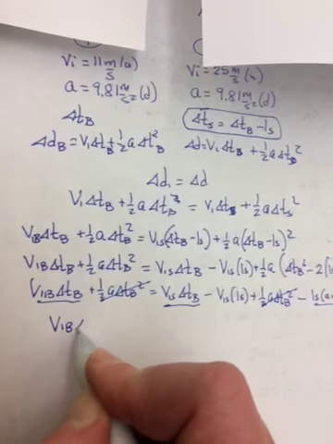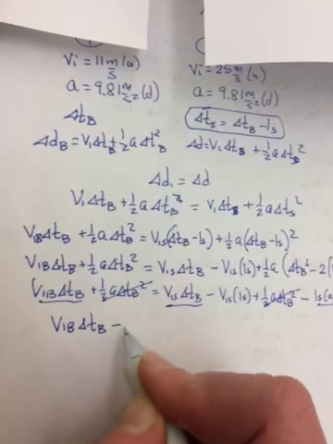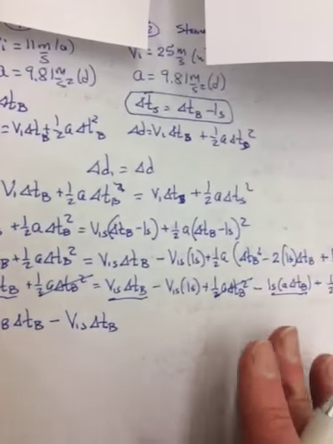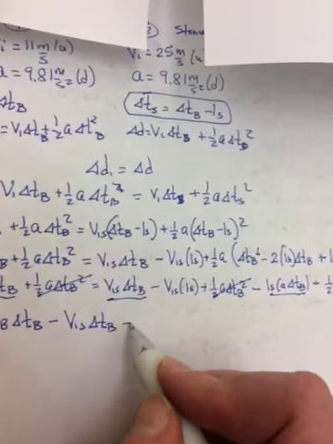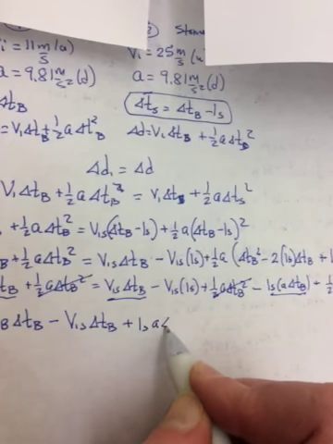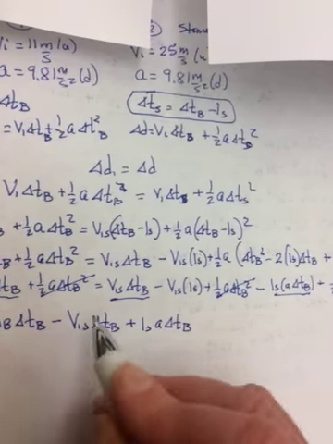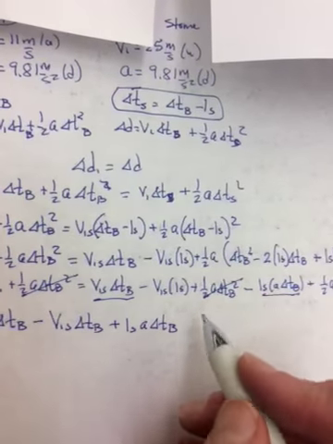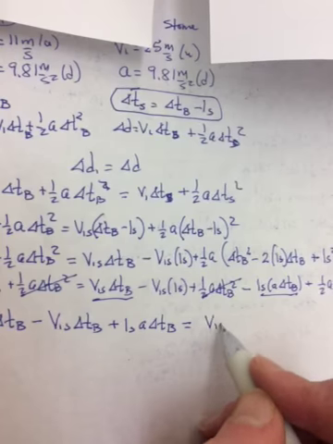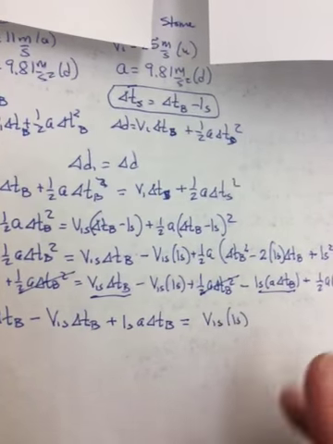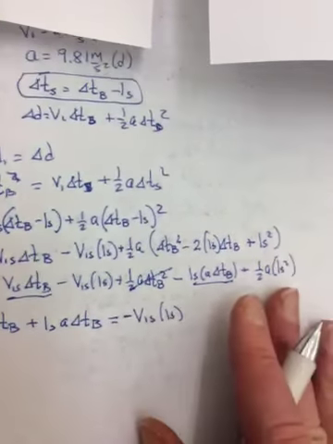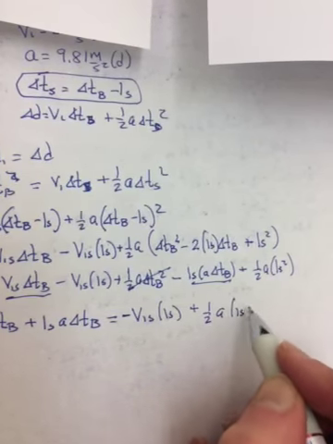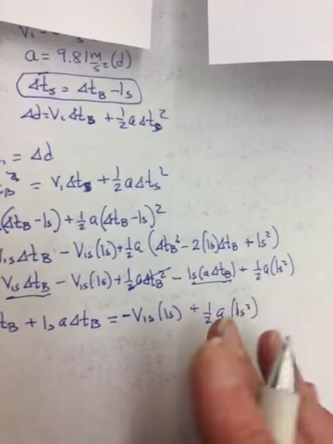So vi of the ball delta t of the ball minus vi of the stone delta t of the ball, and plus 1 second a delta t of the ball. On this side, we're left with negative vi of the stone times 1 second, plus 1/2 a times 1 second squared.